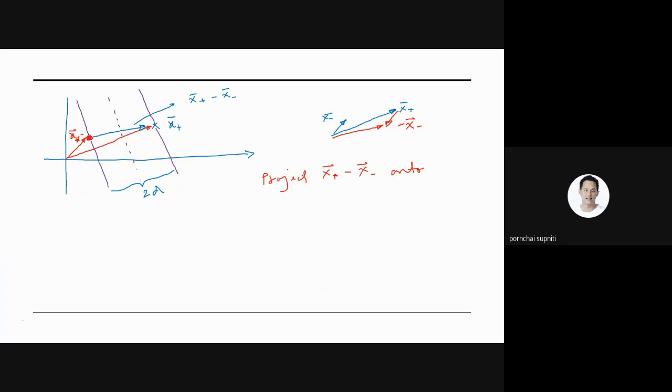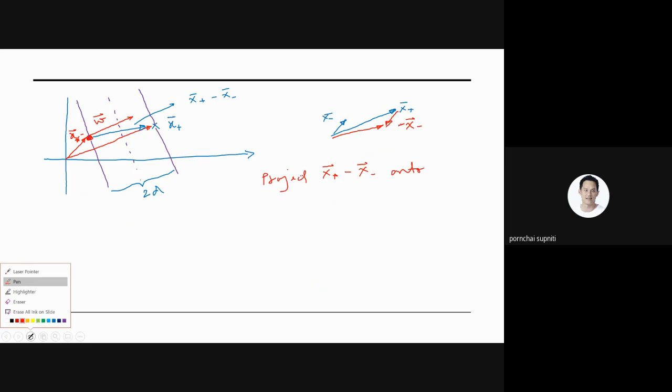So if I call this W, if we want to find the length, this can be very long, no? But I just draw it like this.